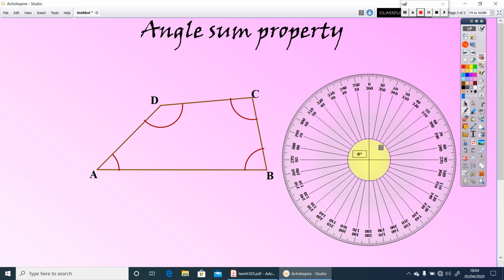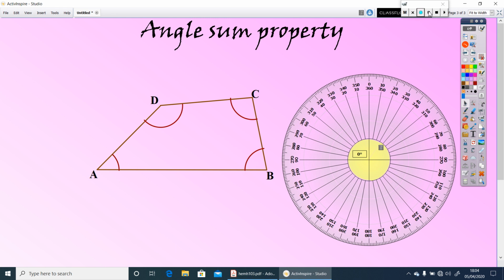Here you can see the sum of all angles will become 360 degree. Therefore, in a quadrilateral, the sum of the measures of the four angles is equal to 360 degree.